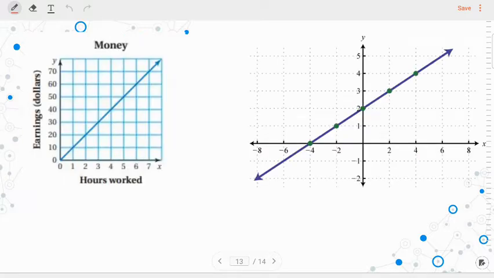All right, as I look at these two graphs, I just want you to take a second and decide which of these two graphs is proportional based on our just previous explanation.